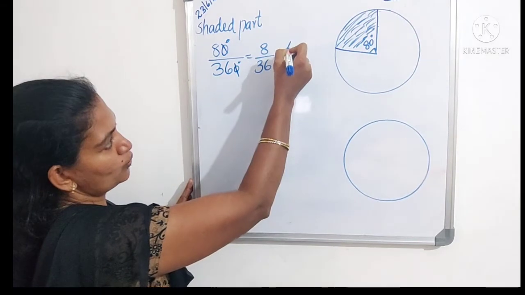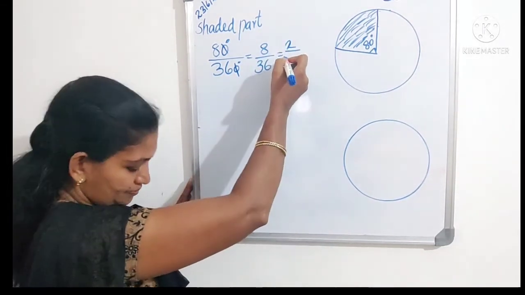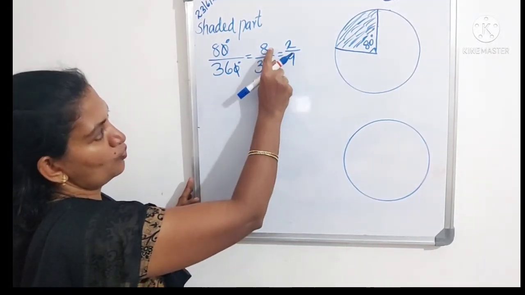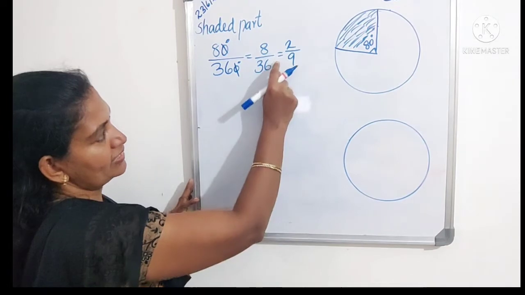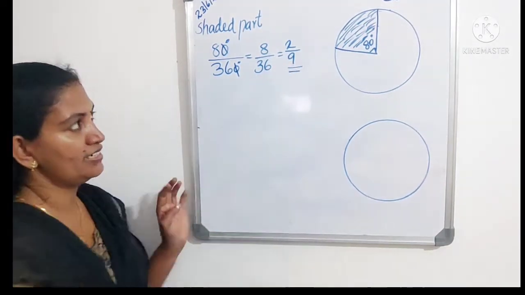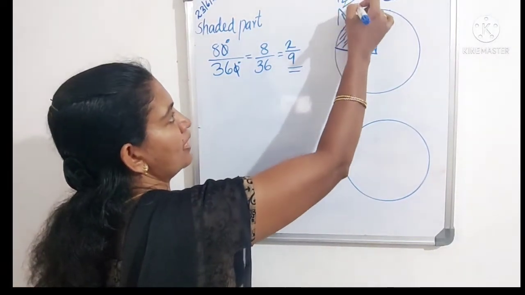4 2s are 8 and 9 4s are 36. Here 8 and 36 divided by 4. 4 2s are 8 and 4 9s are 36. Now we got the fraction 2 by 9. This region is 2 by 9.